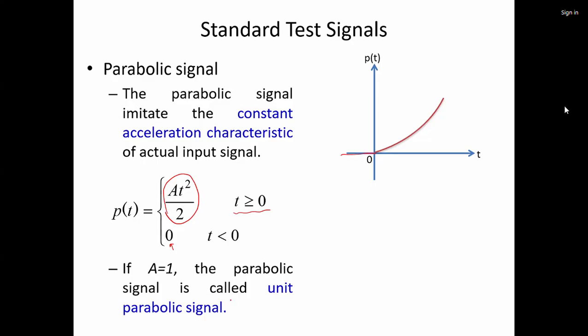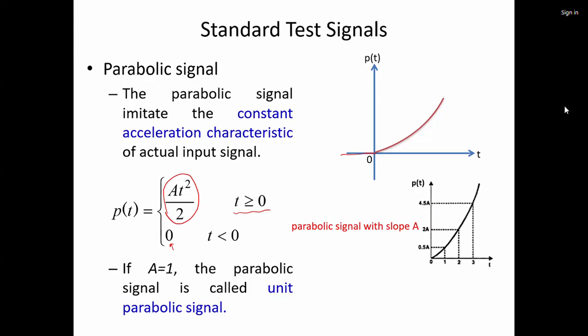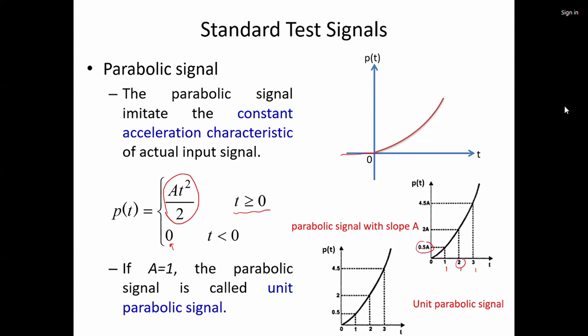And if A equals 1, you call this a unit parabolic signal. So depending on t equal to 1, 2 or 3: when t equals 1, it is A by 2, so it's 0.5A. When t equals 2, it is 2A. When t equals 3, it is 4.5A, and so on. And when A becomes 1, you have a unit parabolic signal.